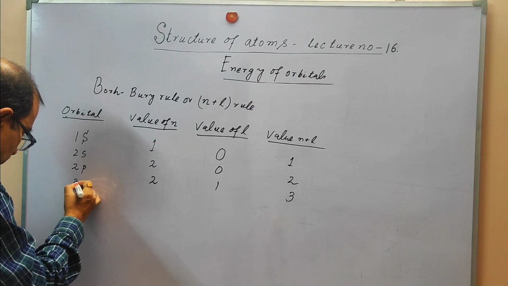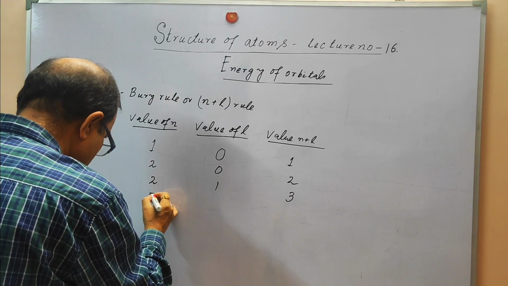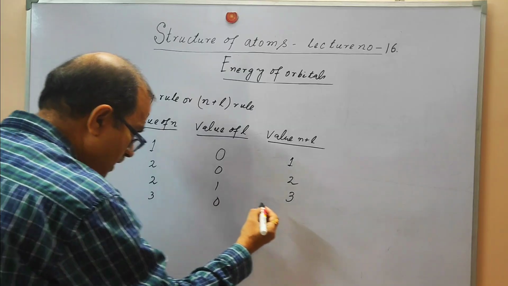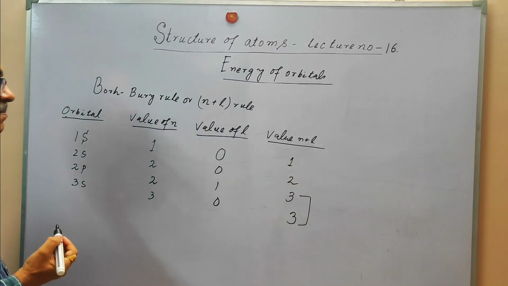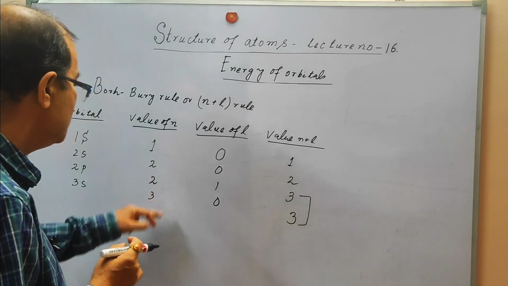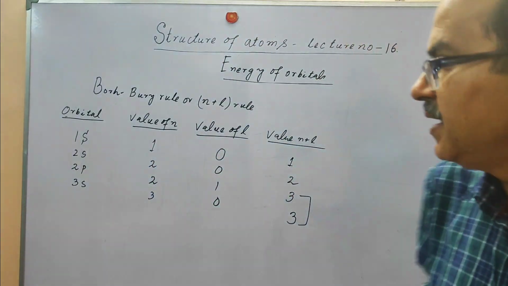Then the 3s orbital. For the 3s orbital, you can see the n value is 3 and the value of l is 0, and this is 3. See here, the n plus l value is the same, but due to the higher n value, the 3s orbital will have the higher energy.